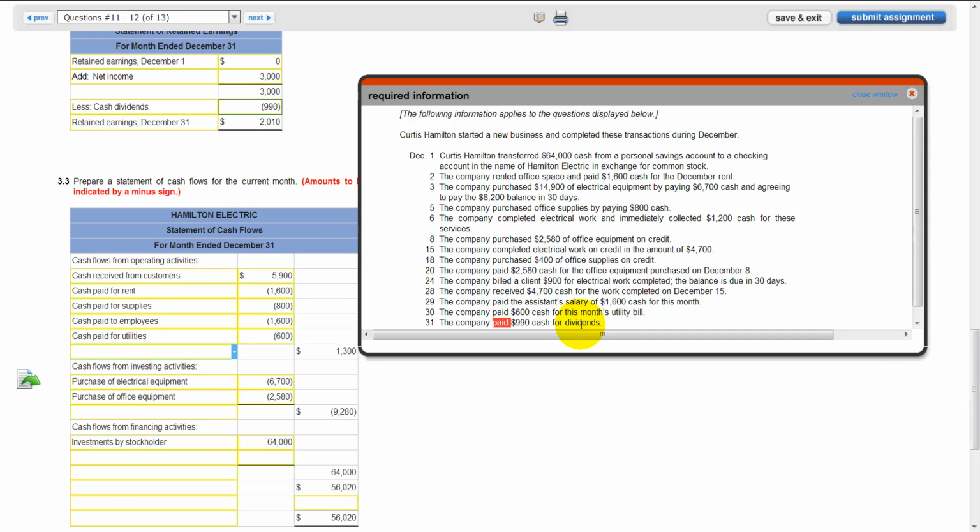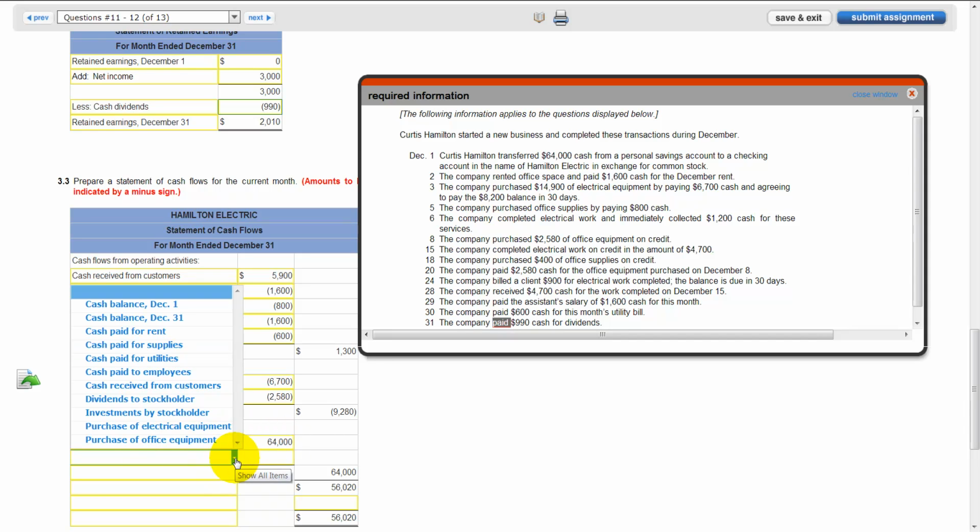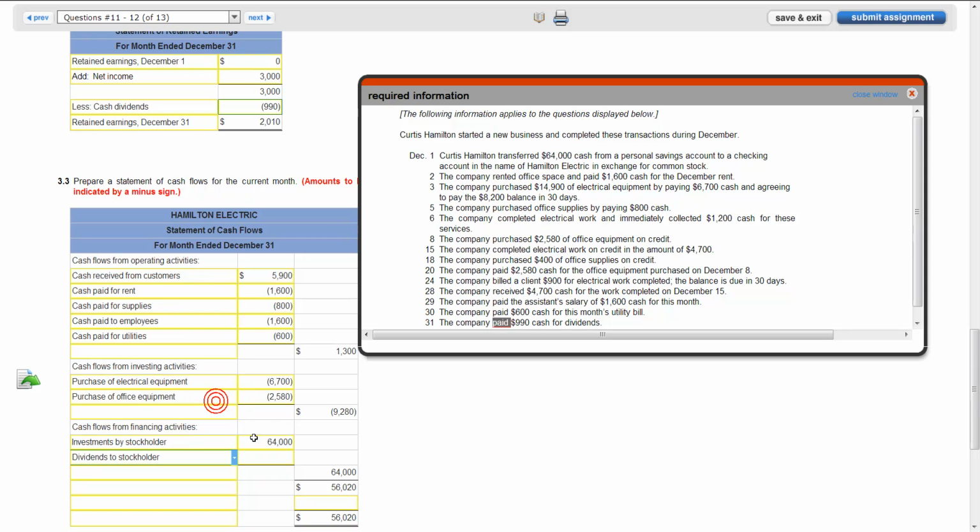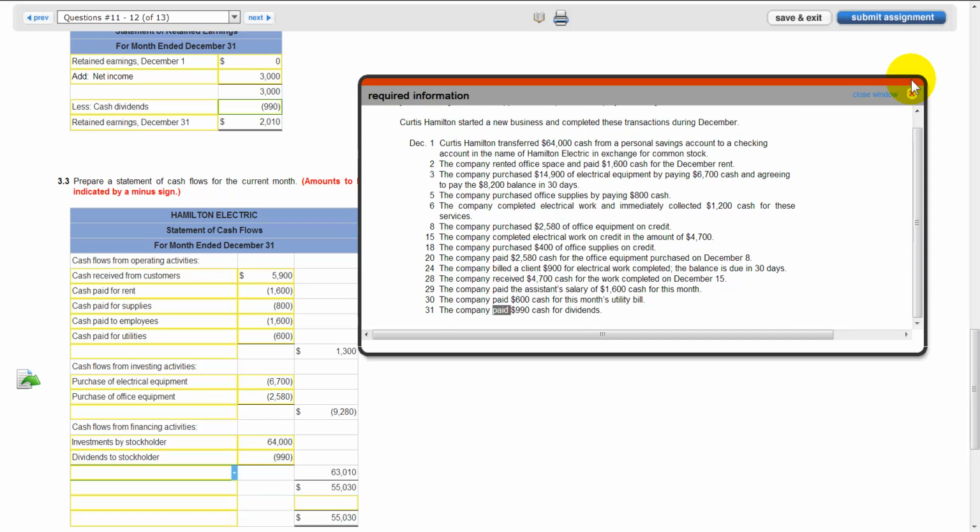Whenever you pay back the stockholders, the shareholders, that's not an expense. This is classified on the cash flow statement under financing activities. Here's money coming in from the stockholders, and here is money going out to the stockholders, called dividends, minus $990. Notice how it was subtotaling for me automatically on this cash flow statement.